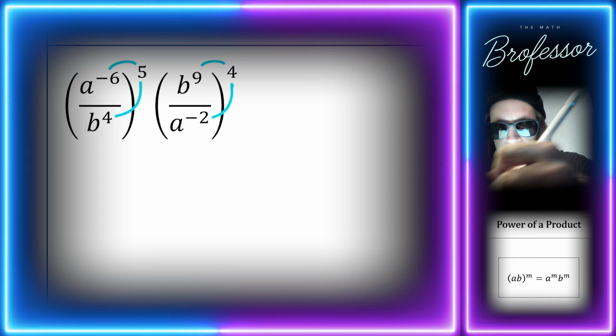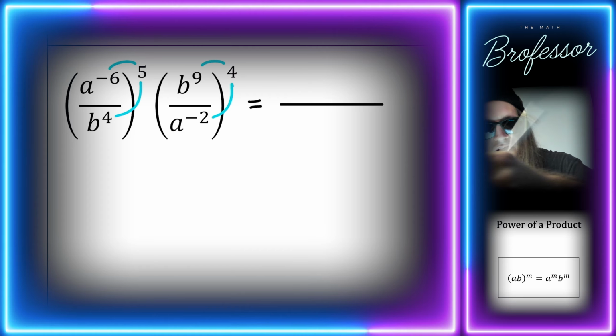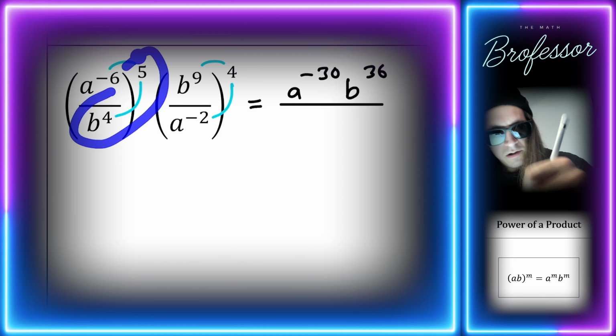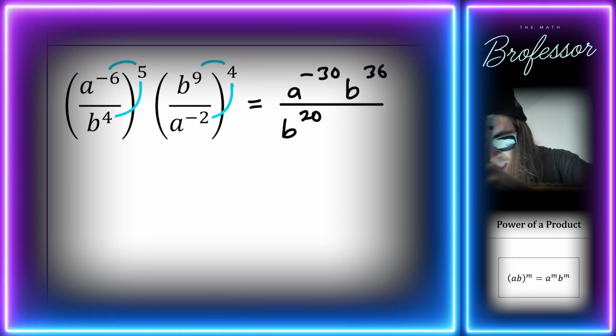I think that would be the smartest thing to do. And you can put all this together. So for the first A, 6 times 5 is negative 30. For the B, 9 times 4, that's 36. For this B down here to the 5th power, B to the 4th to the 5th, that is 20. And then A would be negative 8.